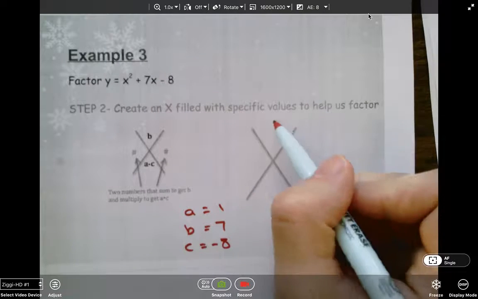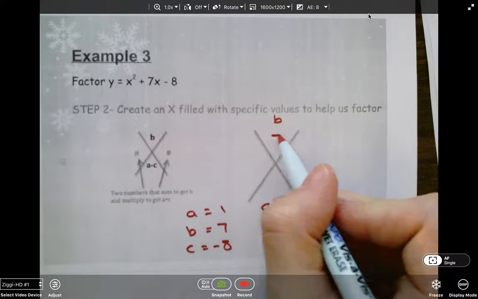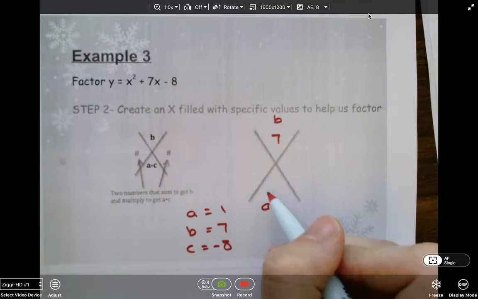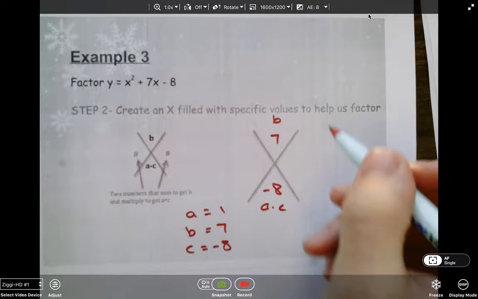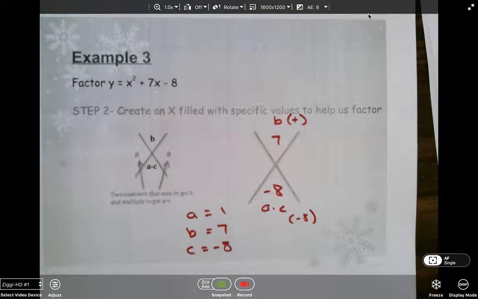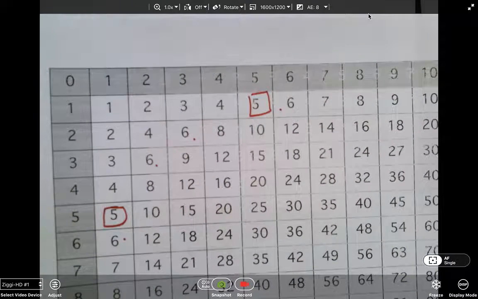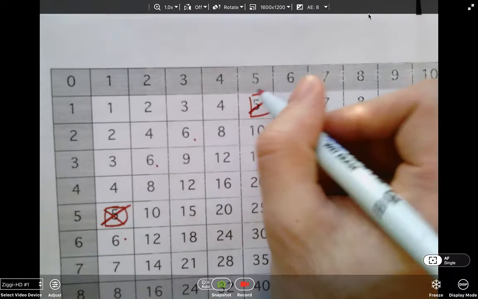So, just like the last few times, we're putting B on top, A times C. B would be 7, and then A multiplied by C would be negative 8. So I'm looking for two numbers that add to 7, multiply to negative 8. So again, we have to look for numbers that multiply to negative 8. If I find all my 8s, this is an 8, that's not 8.